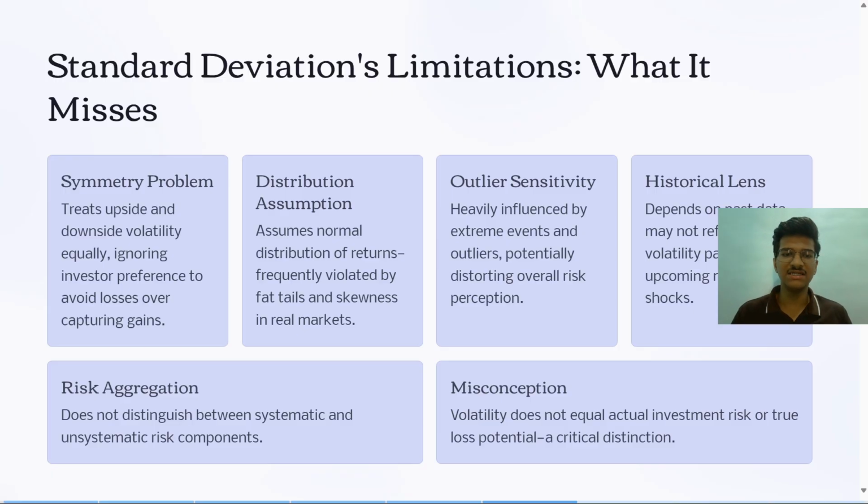Additionally, standard deviation is sensitive to outliers and depends on past data. Similar to beta, it relies a lot on historical data. So rather than predicting the future, it is looking back at history, and for outliers, it is a very bad thing to happen. It also ignores liquidity risk and investor preferences.